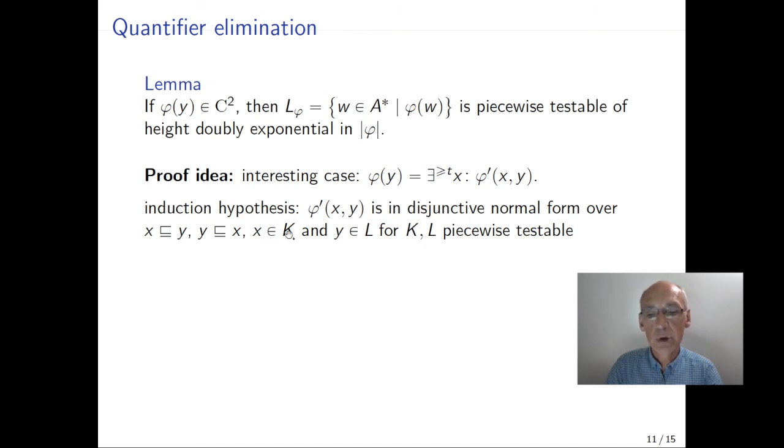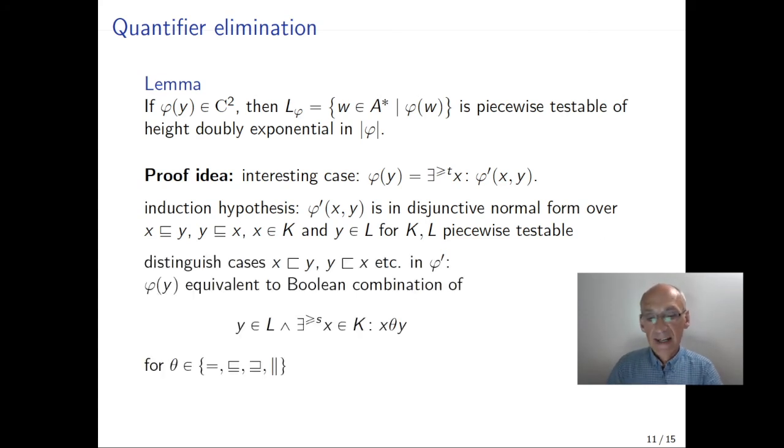x belongs to K, y belongs to L, where K and L are piecewise testable. And now we distinguish the cases x is a subword of y, y is a subword of x, x and y are incomparable, or x and y are the same in phi dash.